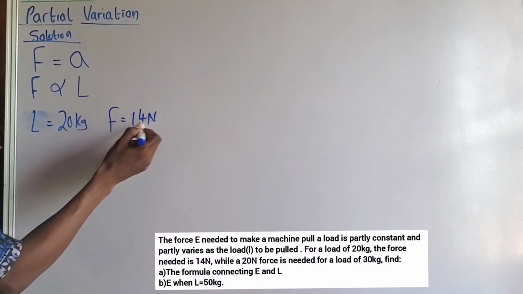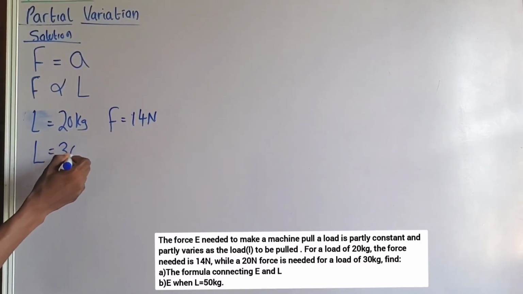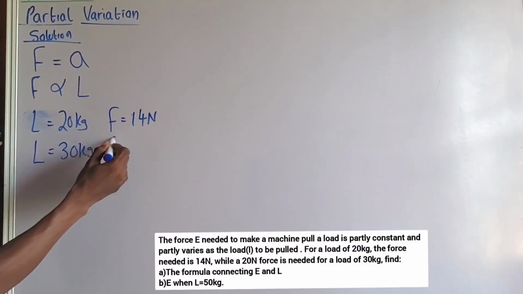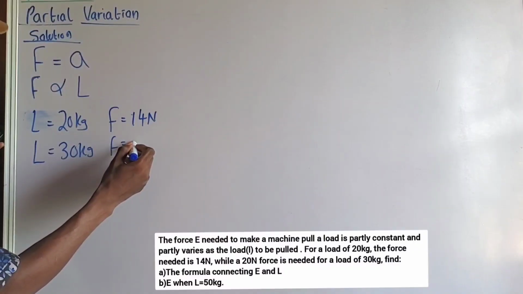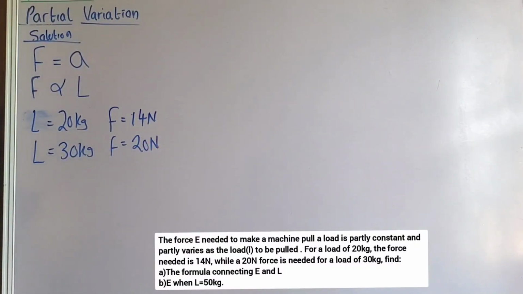And for a load of 30 kg, 20 Newton of force is needed. So the force needed to pull a load of 30 kg is 20 Newton. Okay, so we have to calculate the formula connecting E and L.